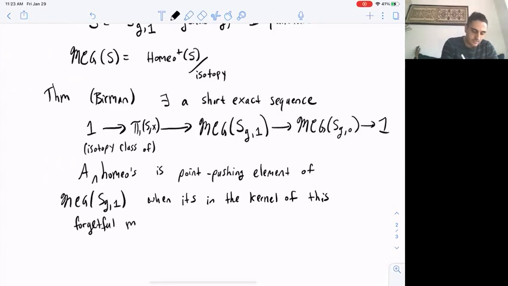That's a correct and not very satisfying way to define what a point pushing map is. It's always easier just to see a picture.